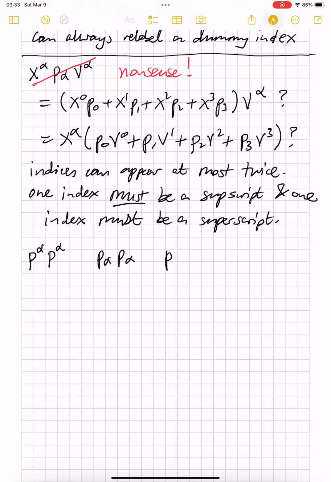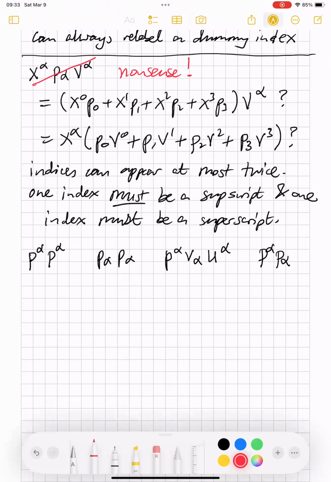Anything with, say, three indices is also nonsense. So the thing that would make sense is if an index is repeated once as a subscript and once as a superscript, okay? So that's rubbish, that's rubbish, that's rubbish, that's well-defined.